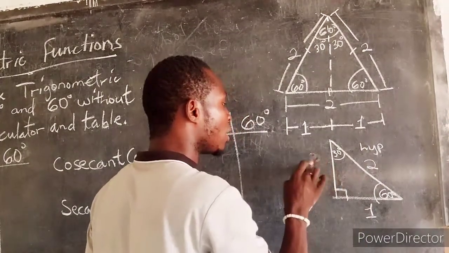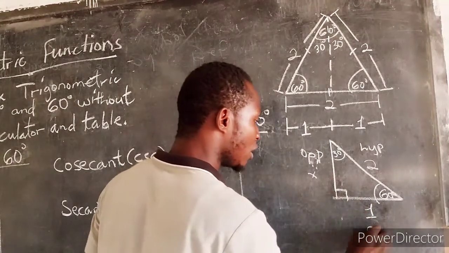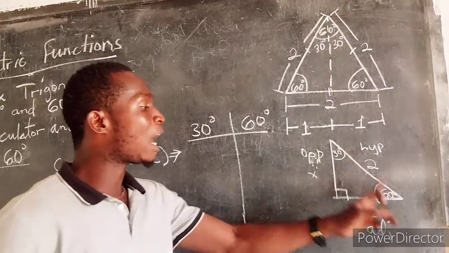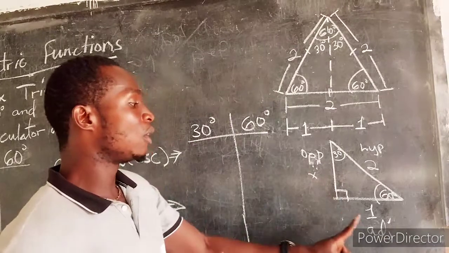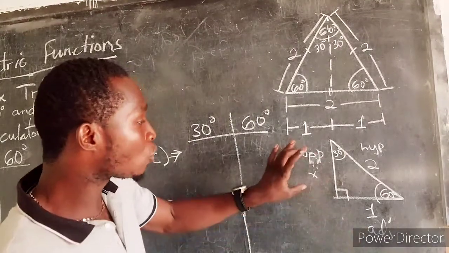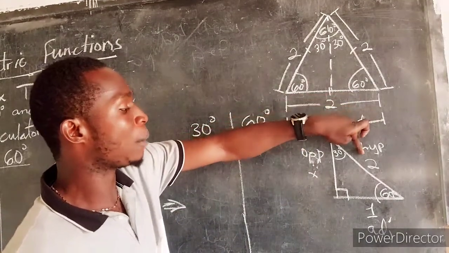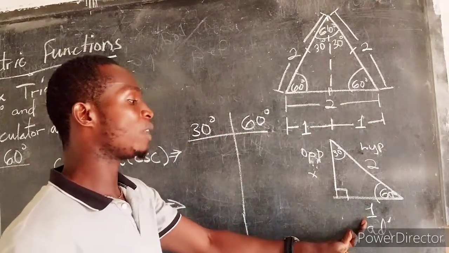this side is the opposite, we abbreviate it OPP, this side is the adjacent. So the square of the hypotenuse is equal to the square of the opposite plus the square of the adjacent side. So it means that the square of the opposite will be equal to the square of the hypotenuse minus the square of the adjacent side.